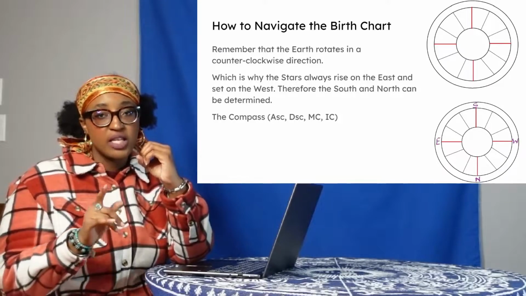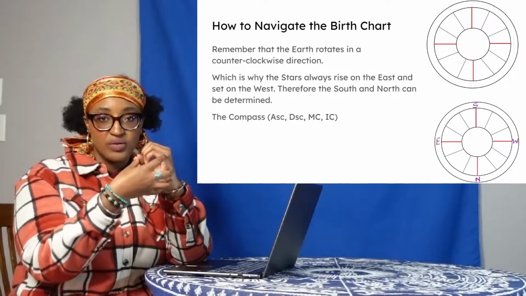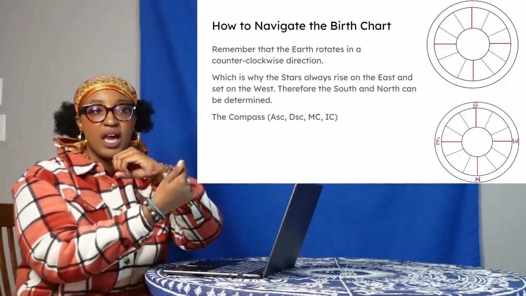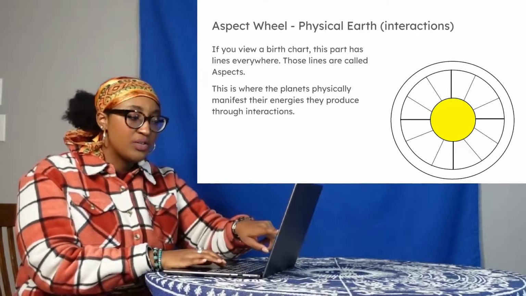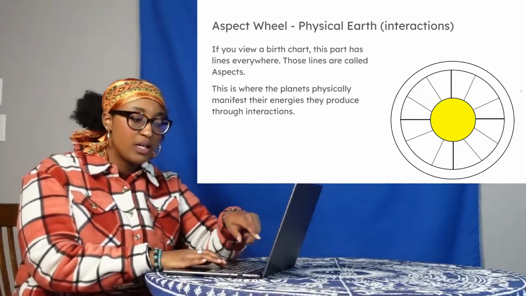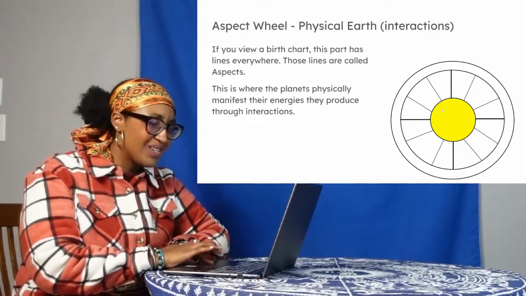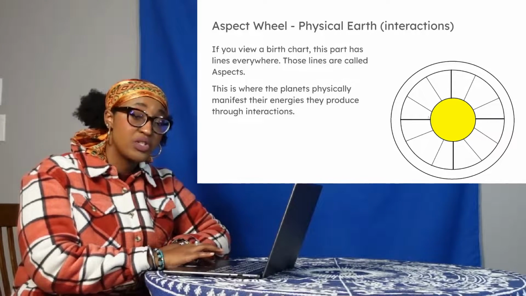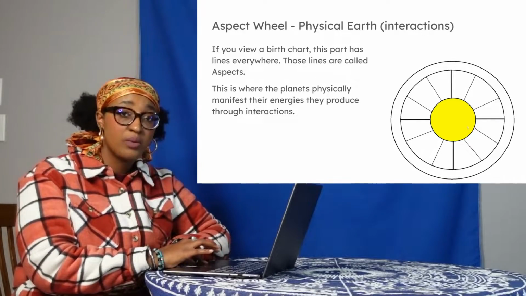However, theoretically it does move, because if this is Earth, this symbolizes how Earth is turning. Let me use the cursor. This is the sun, this is the Earth right here rotating in this direction.